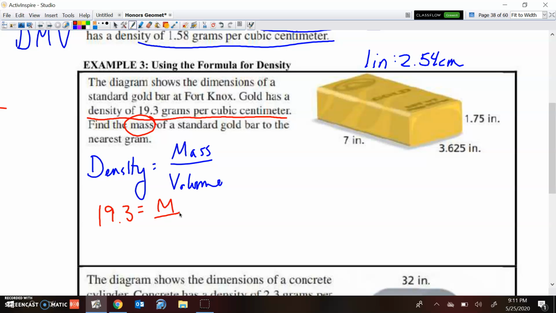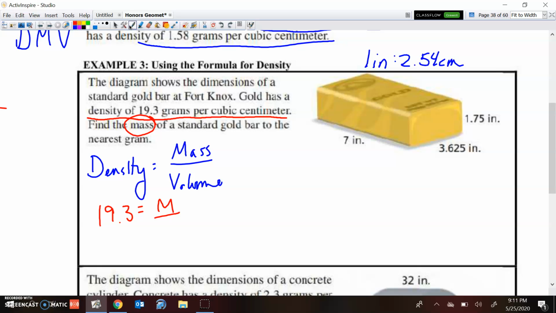Now the interesting thing is they want it in grams per cubic centimeter. When I look at this bar, it's in inches. So that's the reason I've written in here 1 inch is proportional to 2.54 centimeters. So we're going to multiply each of these by 2.54 to figure out what their centimeter length would be.